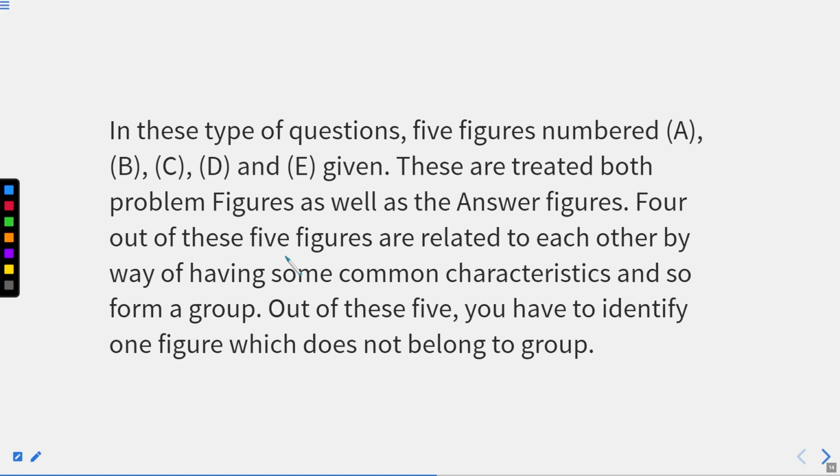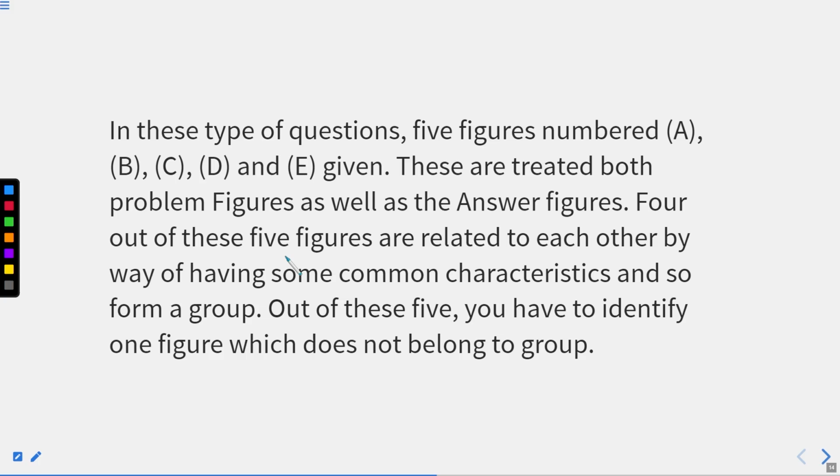These 5 figures are your problem statements as well as the answer. 4 out of 5 figures are related to each other by having some common characteristics. It means a total of 5 figures will be given, out of which 4 are common and 1 is your odd one out, which does not have the common characteristics.